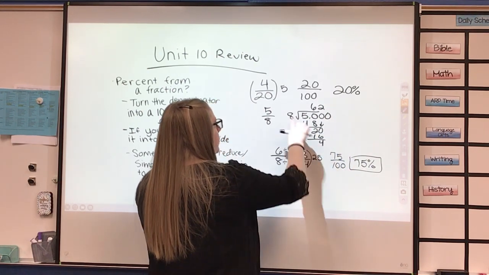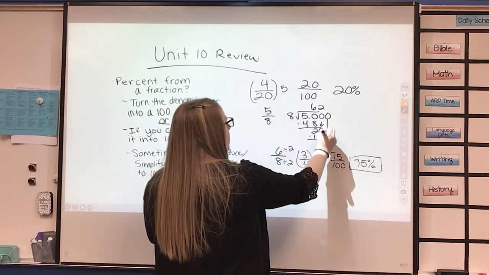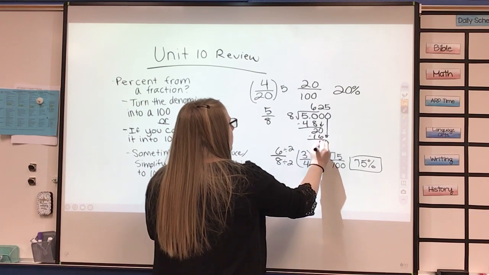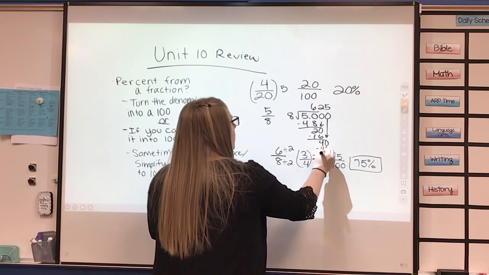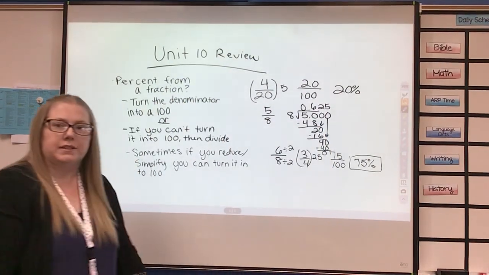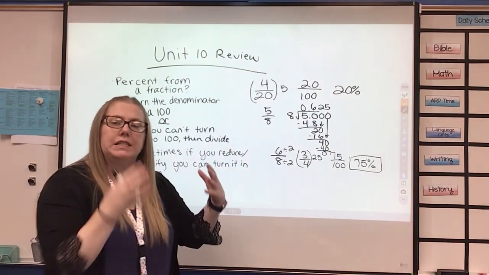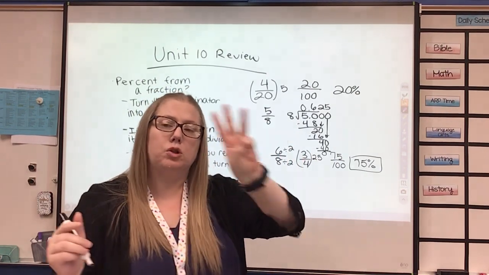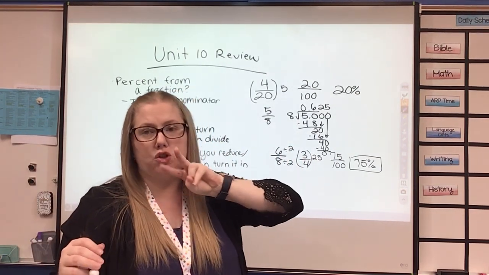Okay, so then I said 8 times 2 is 16 and got 4. Okay, so now I have this. How do I then turn this decimal into a percent? I have to move the decimal 2 times. How many times? 2.